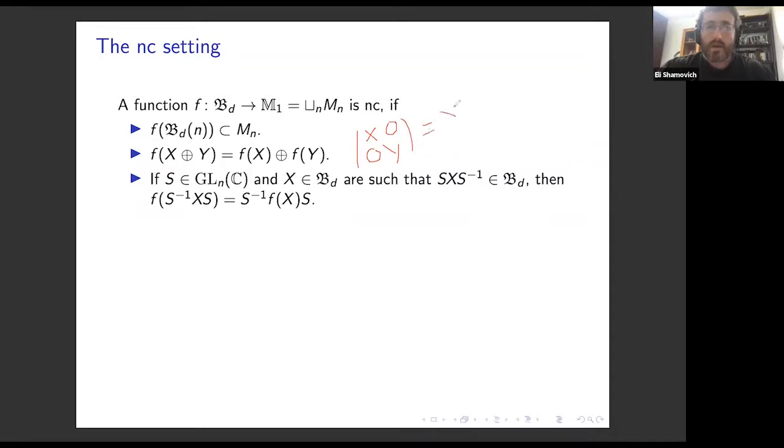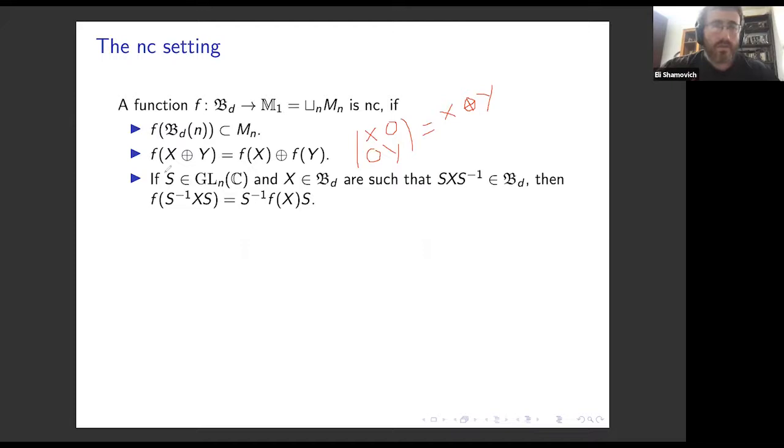And my function has to respect two things. It has to respect these direct sums, so it takes direct sums to direct sums, and it has to respect similarities in a relative sense.